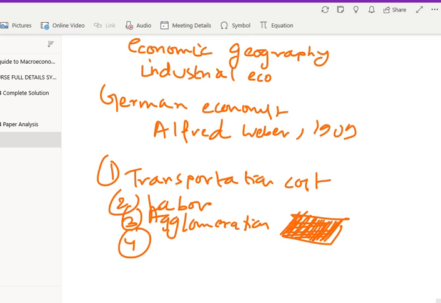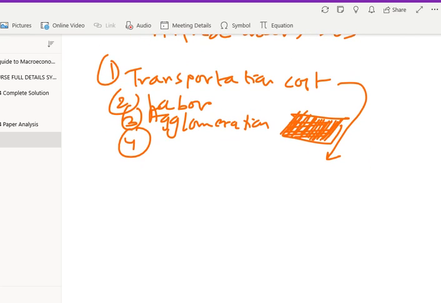Now under transportation cost, what do we have? Weight-losing industry and weight-gaining industry, like those who process raw materials and those who make beverages and so on. Labor cost is there, and you have Weber's location triangle. That concept also you have to mention.